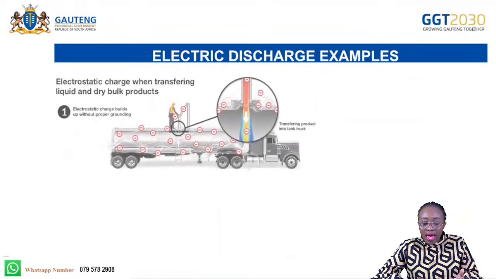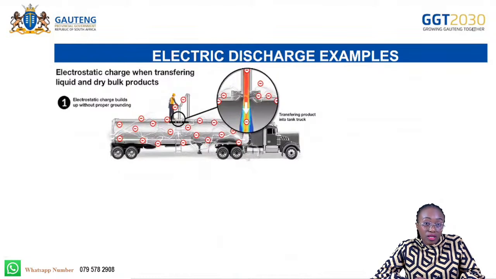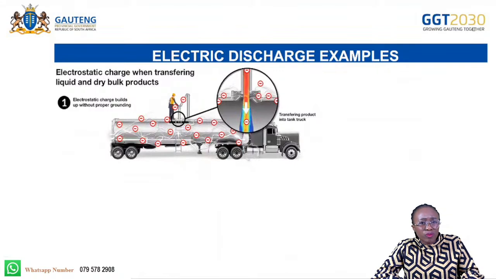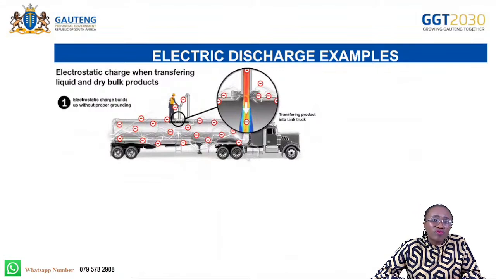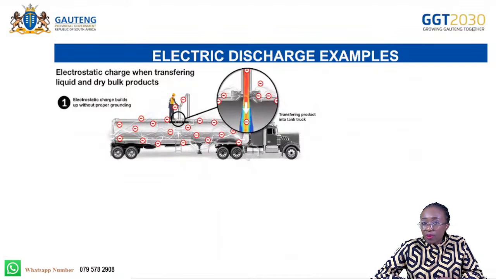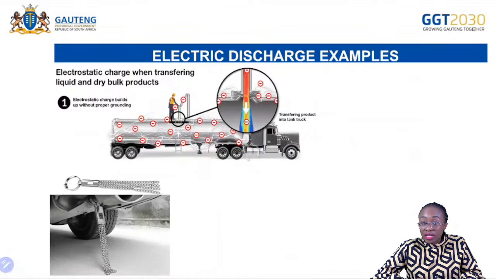We also have another example where electric discharge is known to happen in industry. In industry, especially in the trucking business, where they are carrying lots of loads, moving petroleum and different kinds of liquid and dry products, electrostatic charges are known to build up. Without proper grounding, this is quite dangerous.